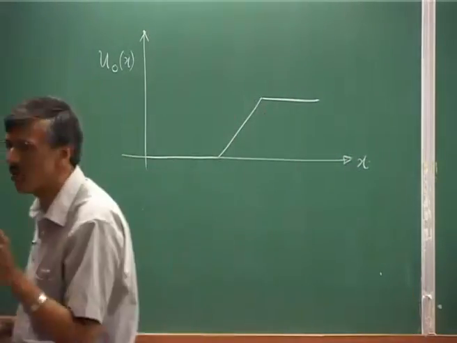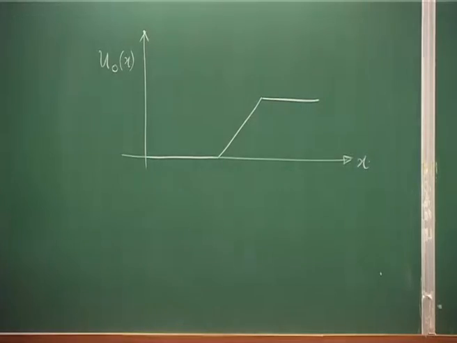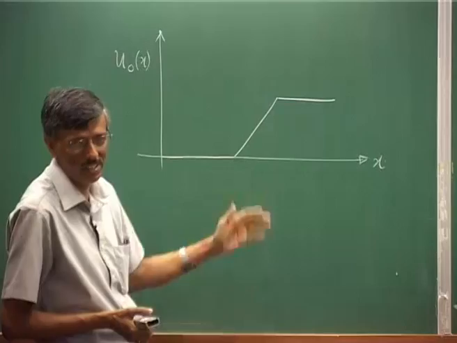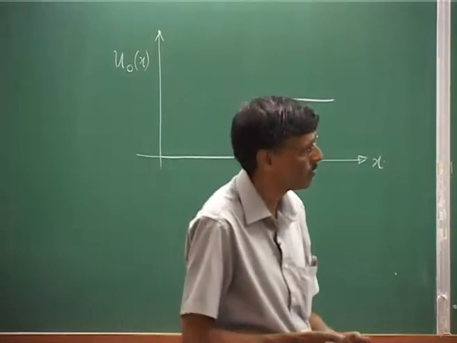Recall that phase error depends on del del x of u n. So, if I set up a problem where I purposely have a slope discontinuity, I should be able to see its effect, right.